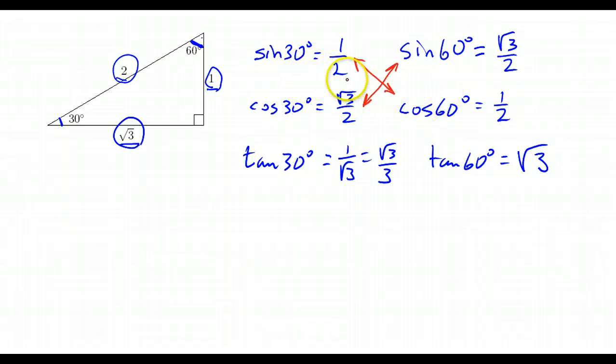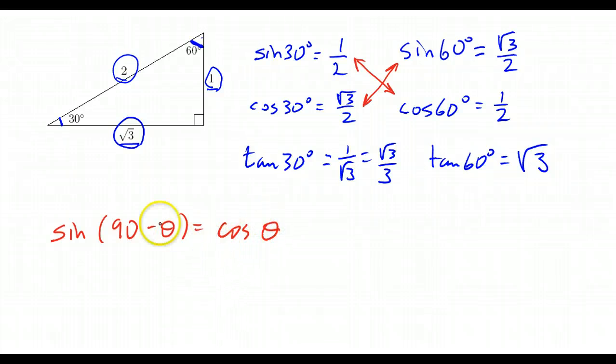That makes them what we call cofunctions, and we can say that the sine of 90 minus theta is equal to the cosine of theta. In other words, the sine of an angle is equal to the cosine of the complement of that angle.